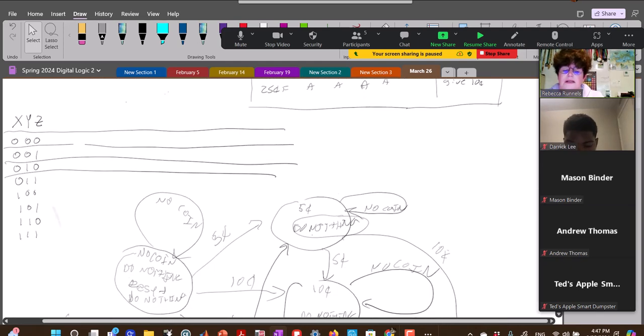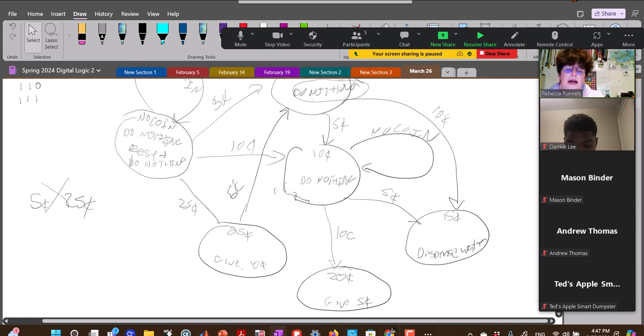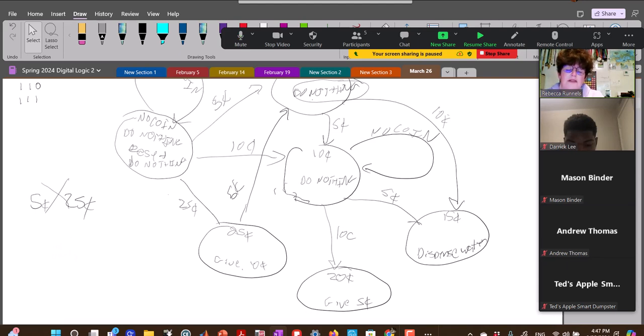Because if I'm at the 15 cent state and I get 5 cents, I think I would go back to the 5 cent state. And if I got 10 cents, I'd go back to the 10 cent state. Yep, I think that's what I would do. Let me see how I coded it.